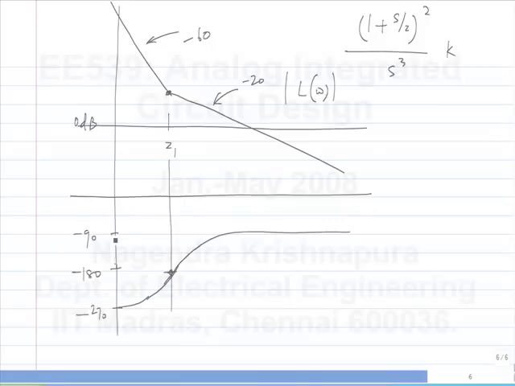Now if you look at it, the minus 180 occurs here, and the gain is more than 1. But this system is stable. So you can't say that if the gain is more than 1 when the phase is 180 degrees, the system is unstable.